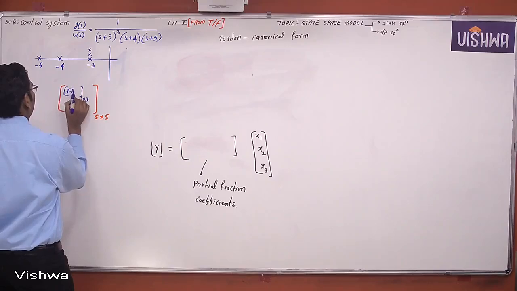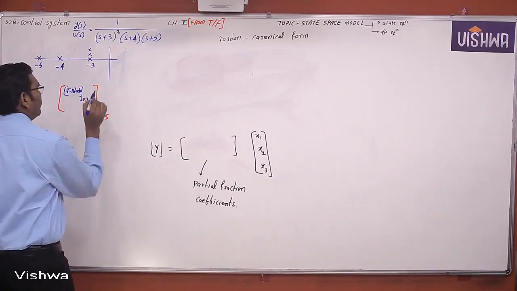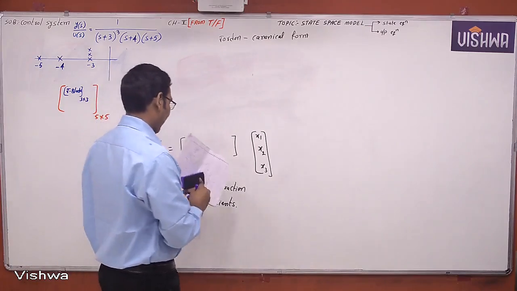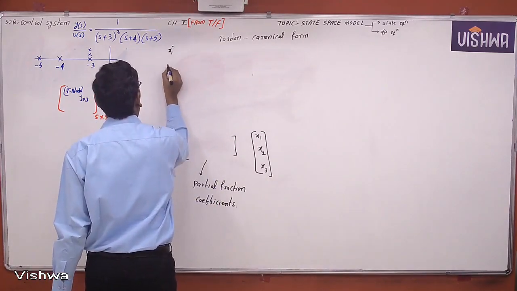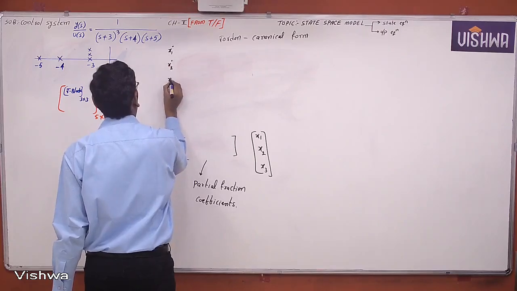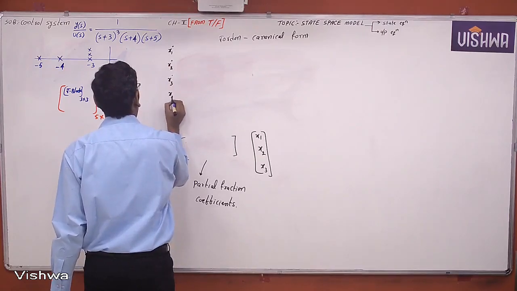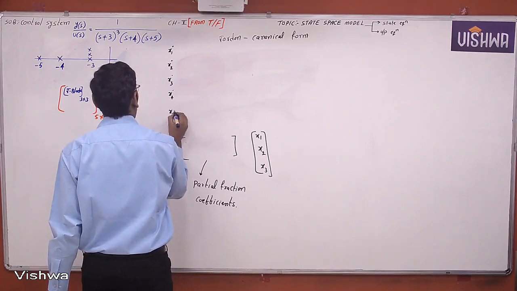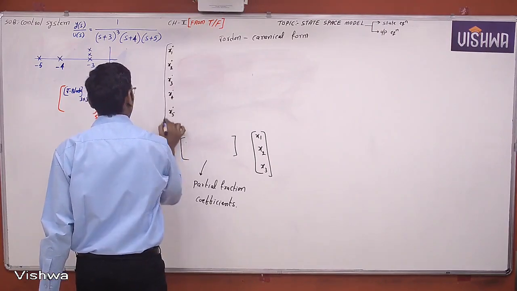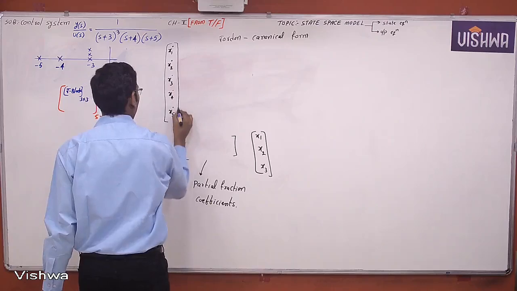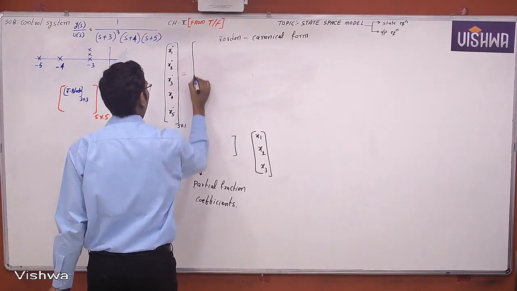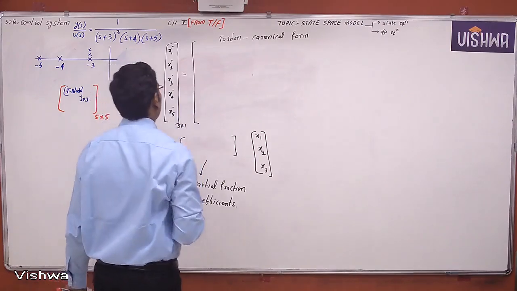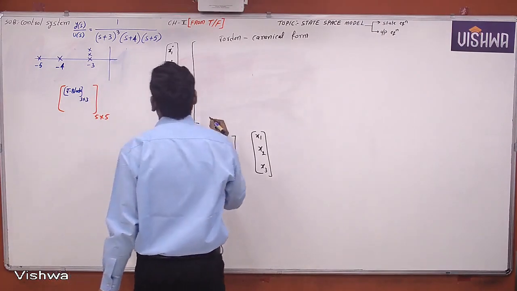We will see if it is correct or not. x1 dot, x2 dot, x3 dot, x4 dot, x5 dot, which is 5 by 1.